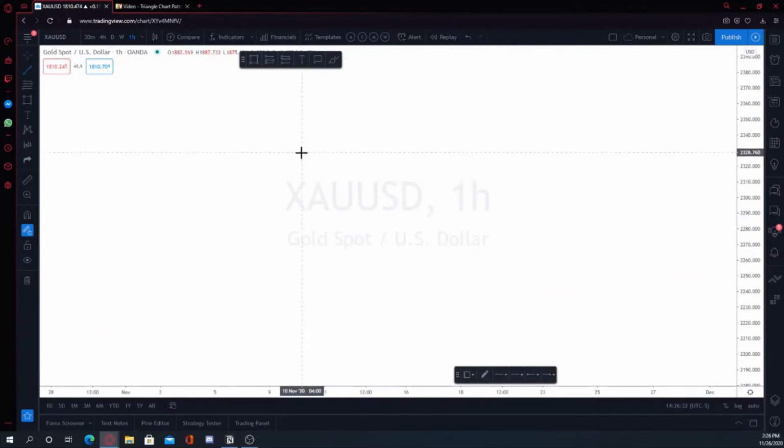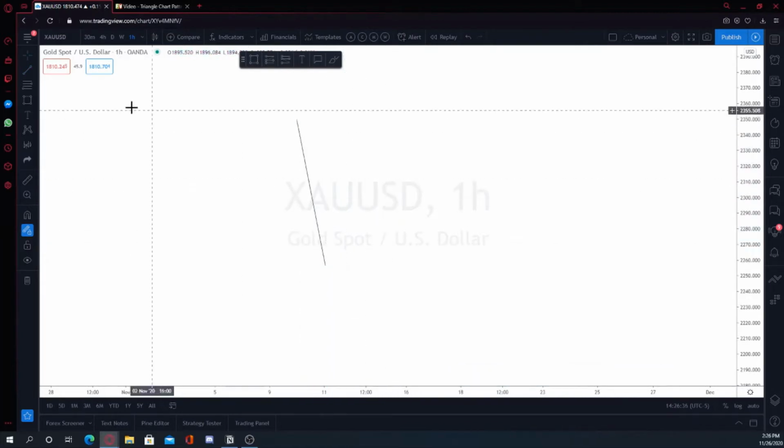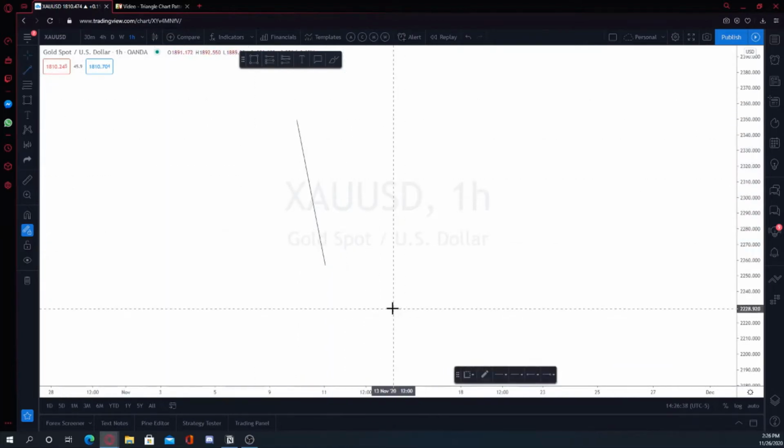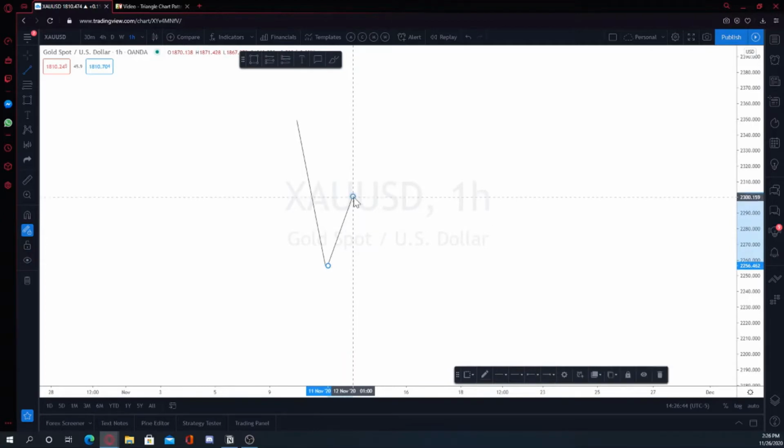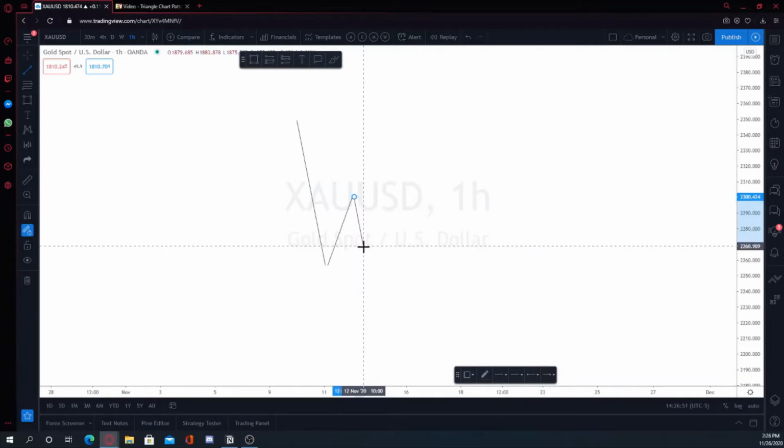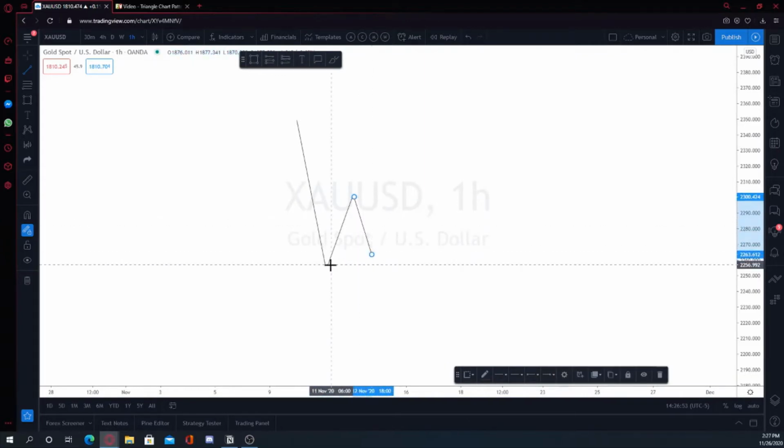Of course, you're going to want to have an impulse before the pattern shows up, and the majority of the time you'll see this. Let's say we have an impulse down, and then you have a strong pullback, a strong corrective movement. Then price comes down, but it doesn't come down to that low.